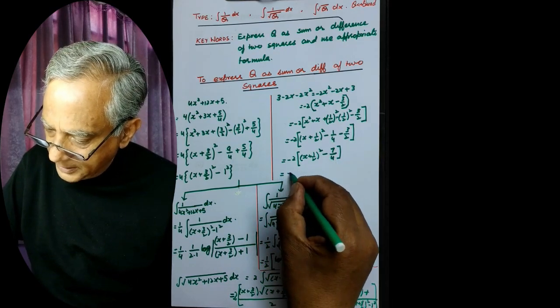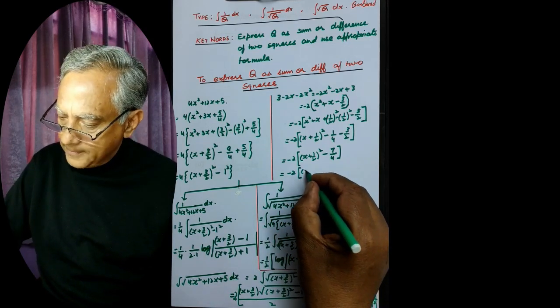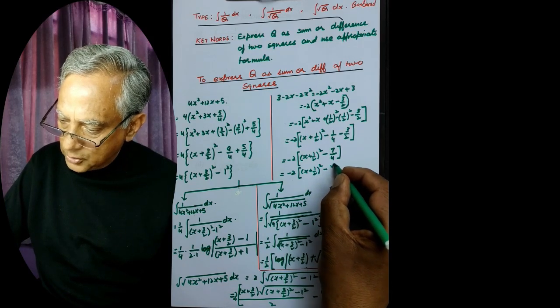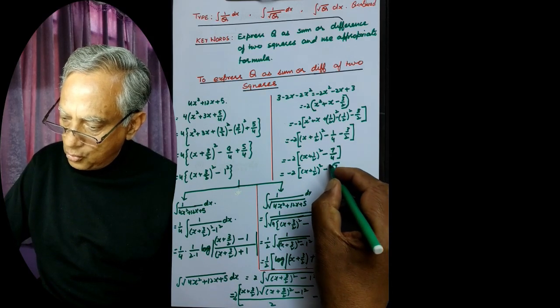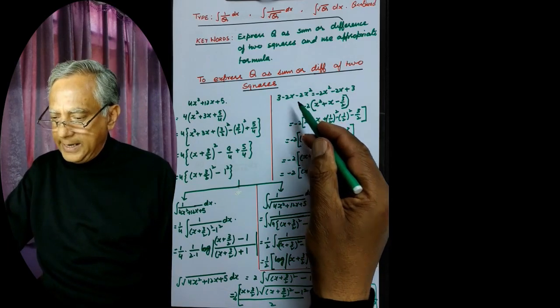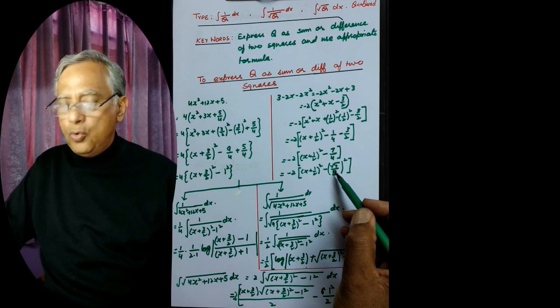And this can be written as minus 2 into x plus 1 by 2 whole square minus root 7 by 2 whole square. So this quadratic has been expressed as a difference of two squares.